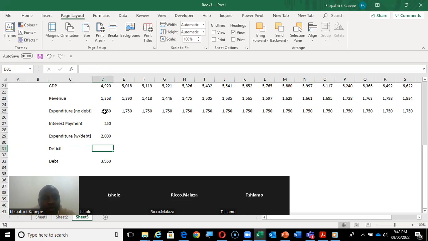So the government made a revenue of 1363 billion, and they spent 2,000 billion, meaning that there was a deficit of how much?